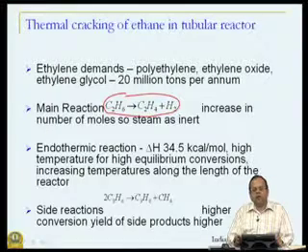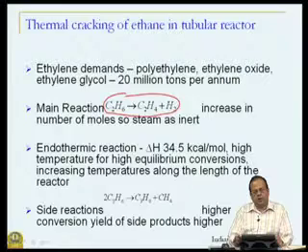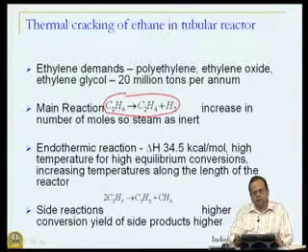In a batch reactor, we would have to progressively increase the temperature as a function of time, or in a tubular reactor that would translate into increasing temperatures along the length of the reactor.